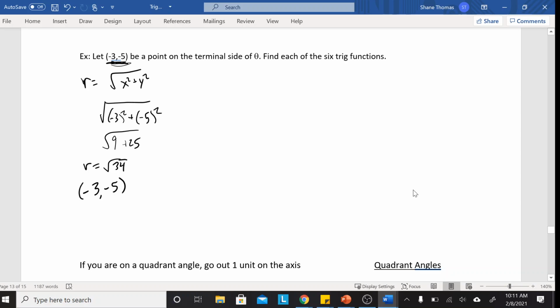That's everything I need to find my six trig functions now. So now the sine of theta is going to be y over r. So y is -5, r is root 34. Now we obviously have to simplify that because of that root on the bottom. So I'm going to have -5 root 34 over 34.